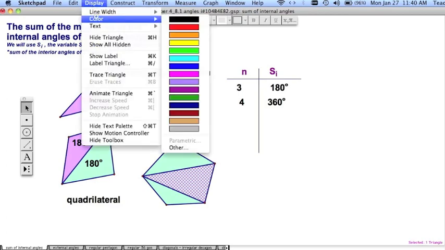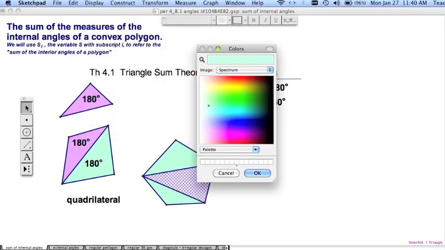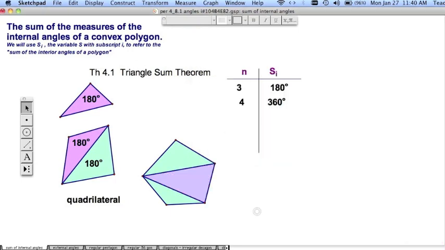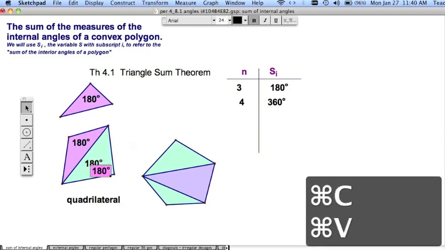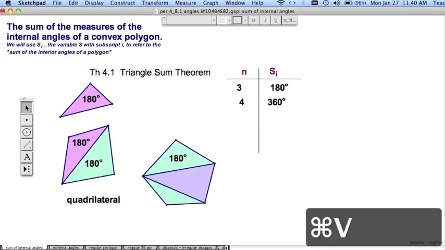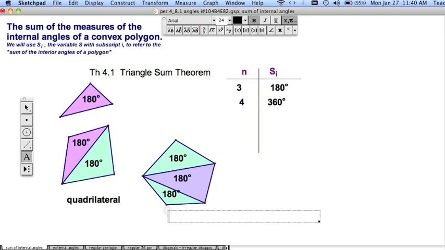Oh, this is fun. Well, see, you're going to learn. You learn by doing, not by watching. So this triangle has 180 degrees of interior angle measurement, as does this purple one, as does this green one. And this figure, as we said, is a pentagon.